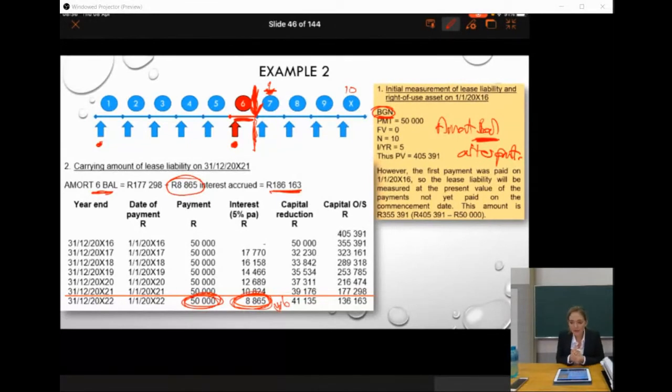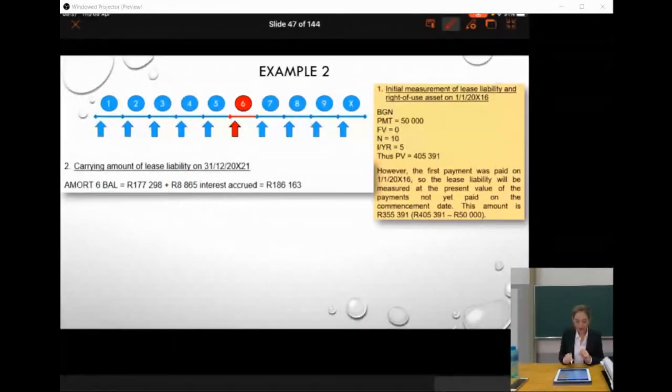If it was not payable in advance, the balance would just be the amount from our calculator. Exactly. Everyone happy with that? So now we have our balance of our lease liability on 31 December 2021.